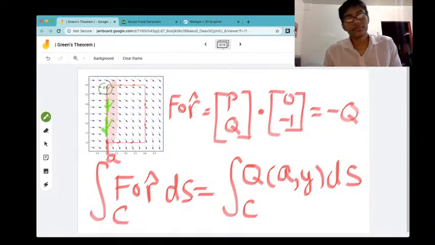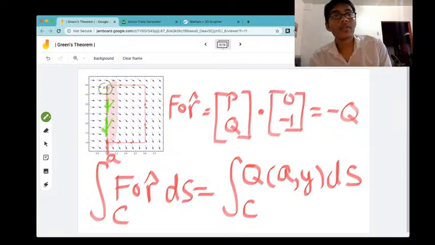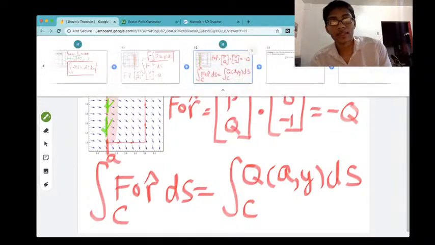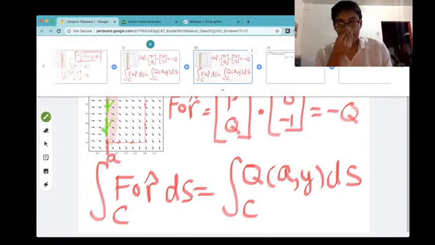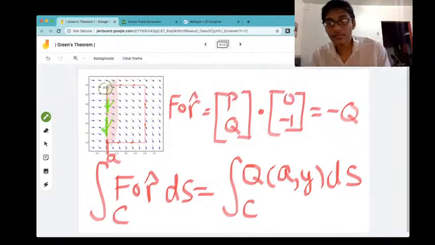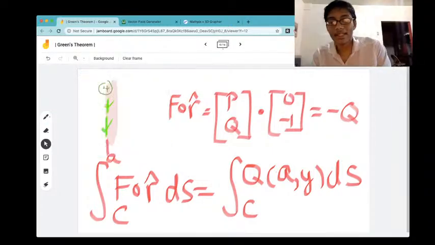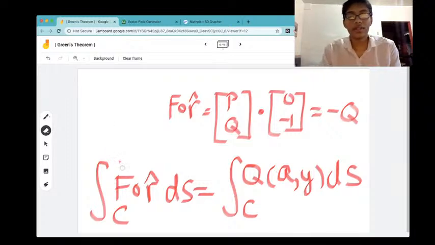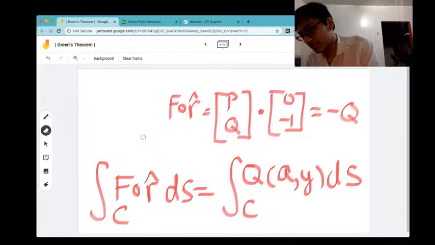So now what we're going to do is sum all of these line integrals up. So let's go ahead and add all of them up. Let's see what we get. Okay, so let's take a look at what our total work is going to be.